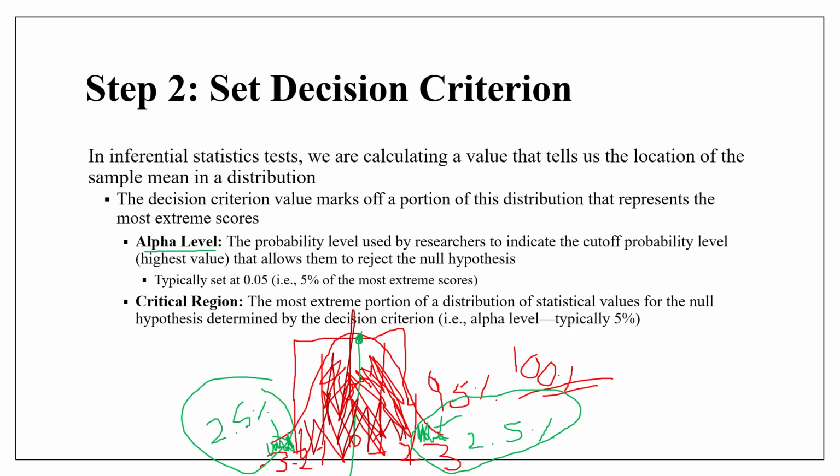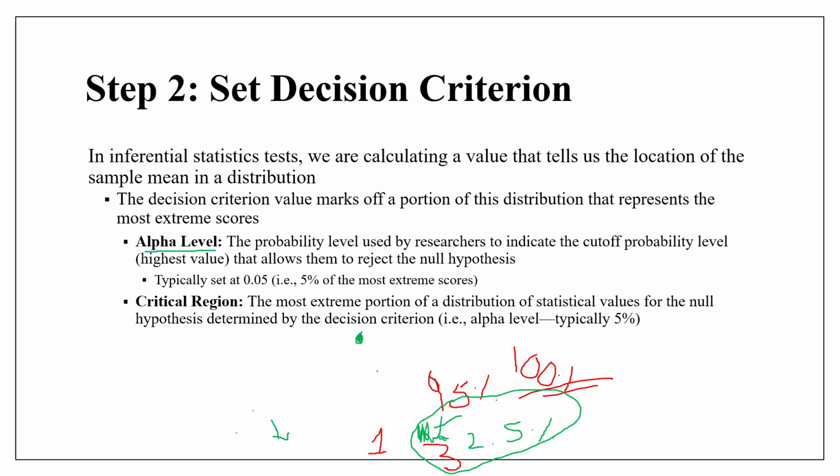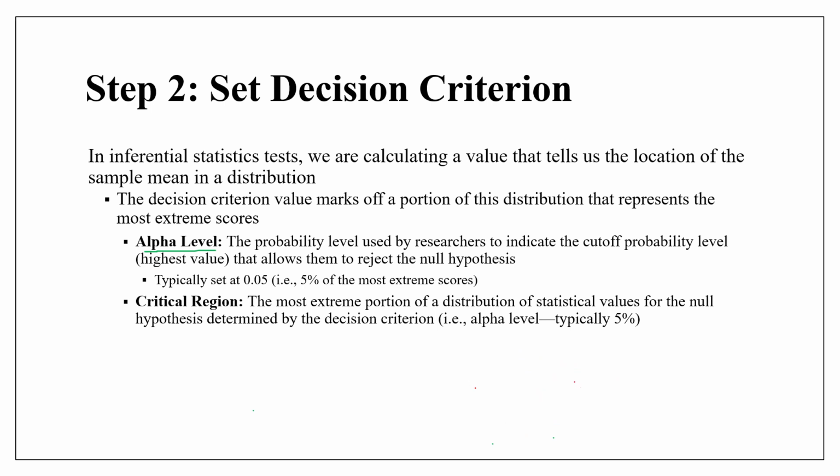So let me go ahead and clean this up. So again, the alpha level is telling us what percentage of those 100% of all our observations would be counted as extreme.